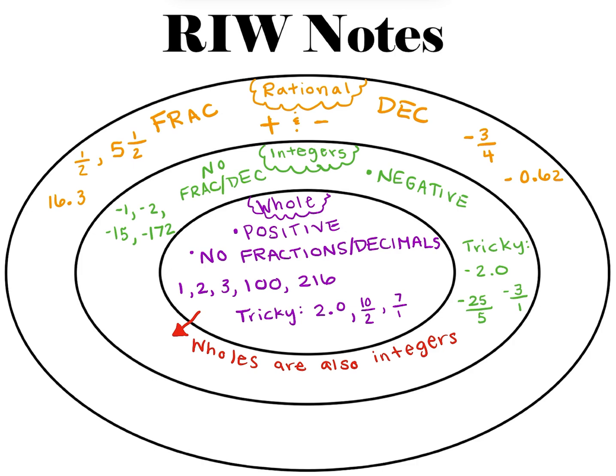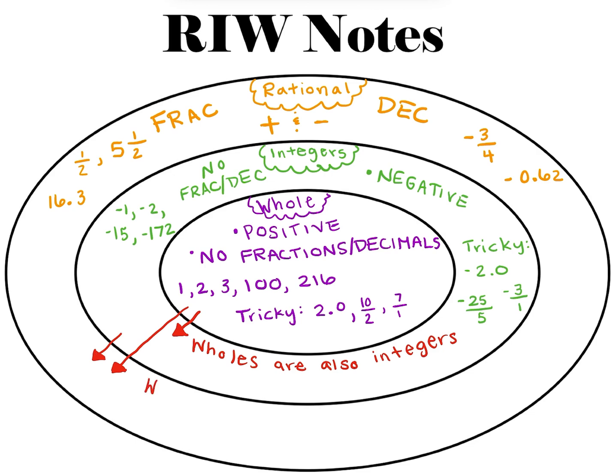I do want to go back out and talk about our arrows though. So whole numbers are not only also integers, they are also rational because rationals hold positives as well. Integers are also rational. So you start from the middle and you work your way out.